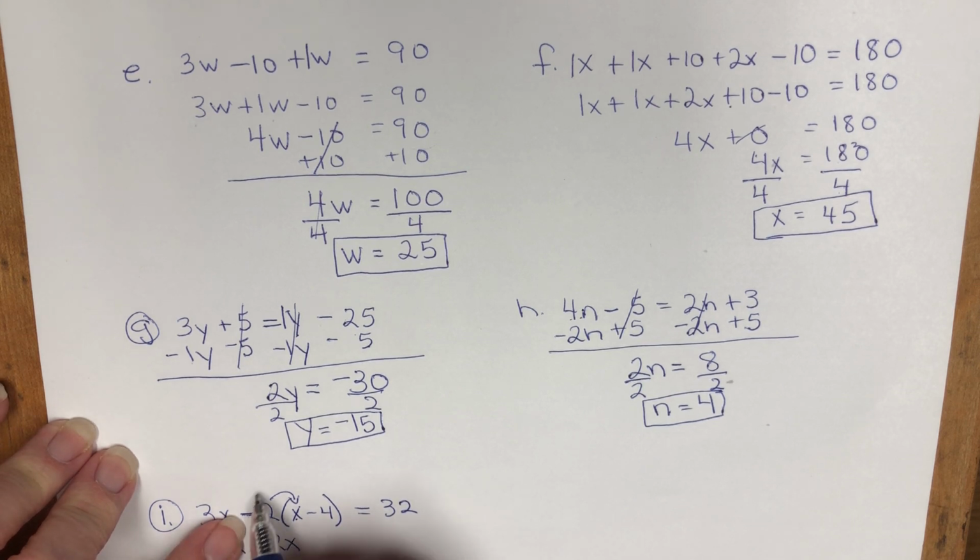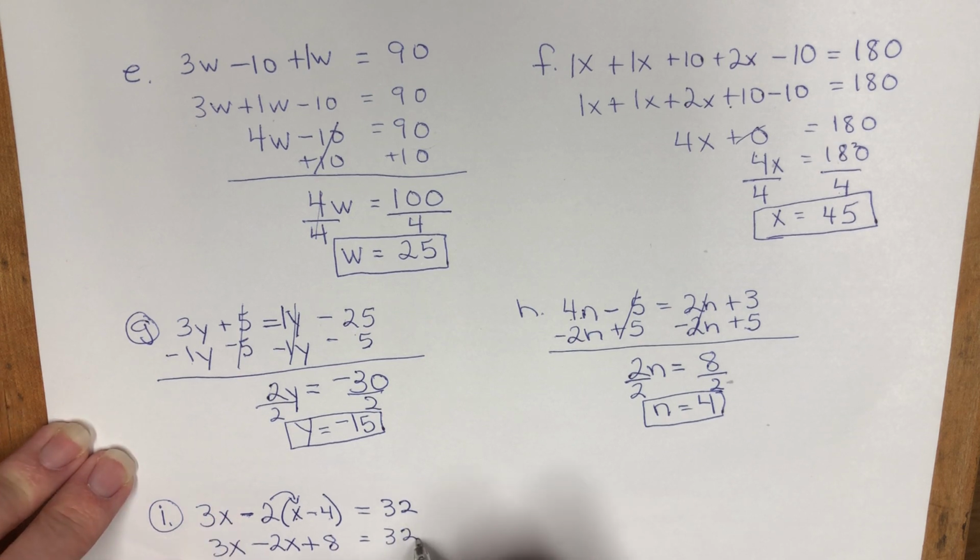Now we're going to do minus 2 times minus 4. Well, 2 times 4 is 8. Minus times minus is, you remember? Positive. Equals 32. All right, so now we're going to combine 3x minus 2x will give us 1x + 8 = 32.